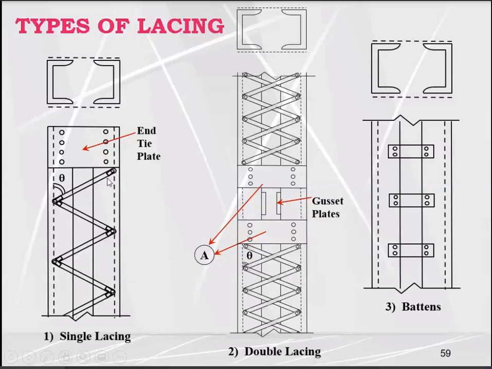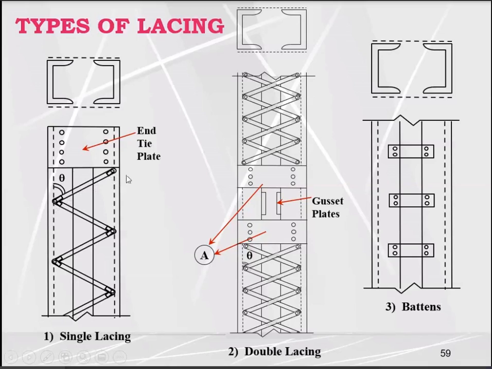It means that if we are designing this lacing by considering it as a column, we need to consider the total length of lacing, and then the effective length. The total length may be from the center of this hole to the center of the connector on the other side. That is the A value.